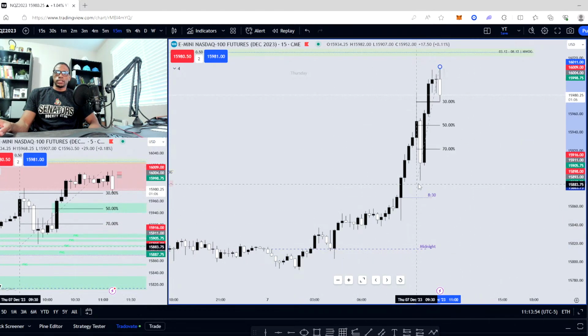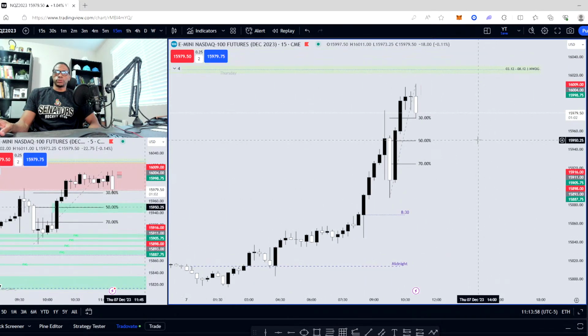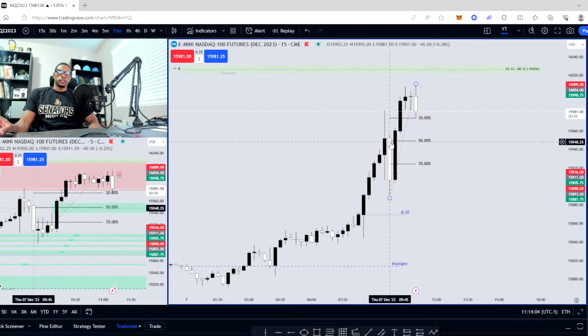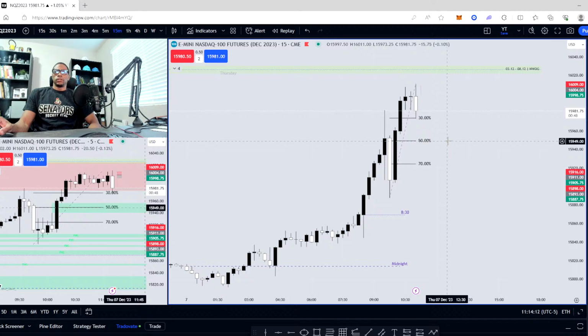And if we just want to take the last leg, 50% is at about 15,950. It's also right at the top of this order block. So that's actually a good place to look for price to settle. So we'll look for shorts until we get to 15,950 and reevaluate.